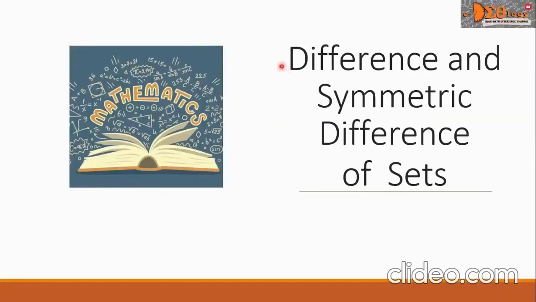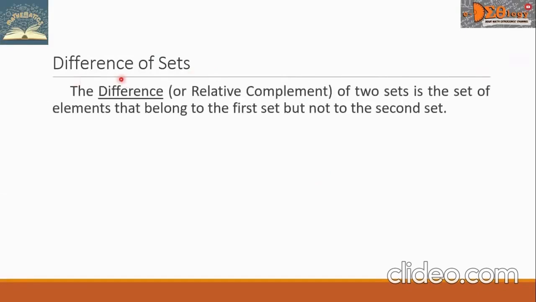Today we're going to study difference and symmetric difference of sets. Let's begin with difference of sets. The difference, or sometimes called relative complement, of two sets is the set of elements that belong to the first set but not to the second set.